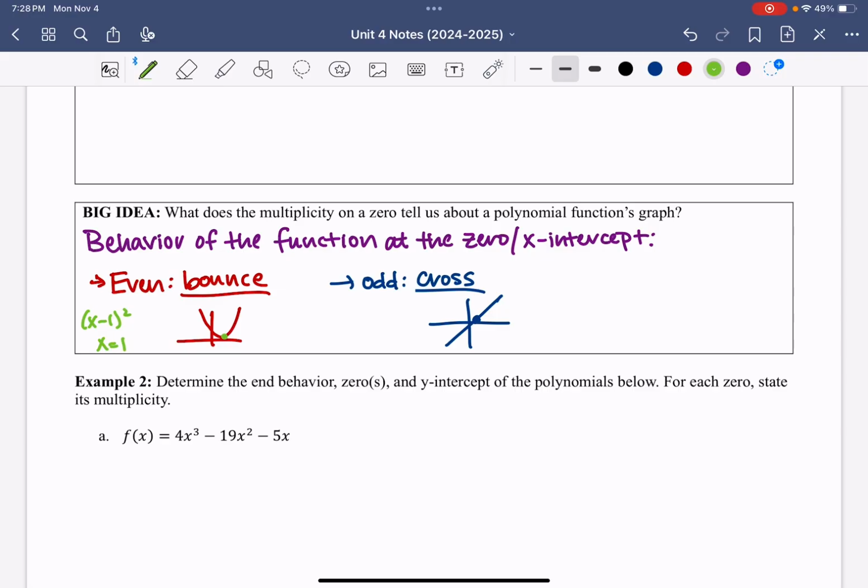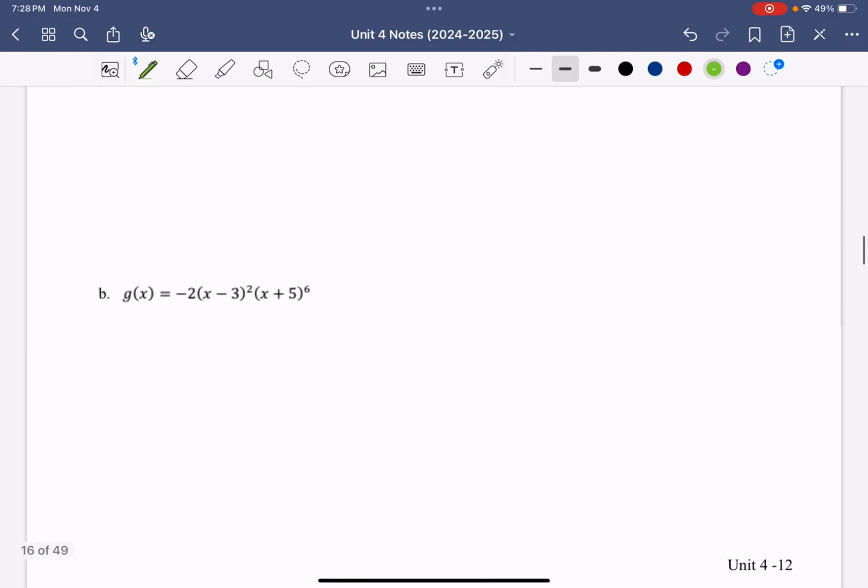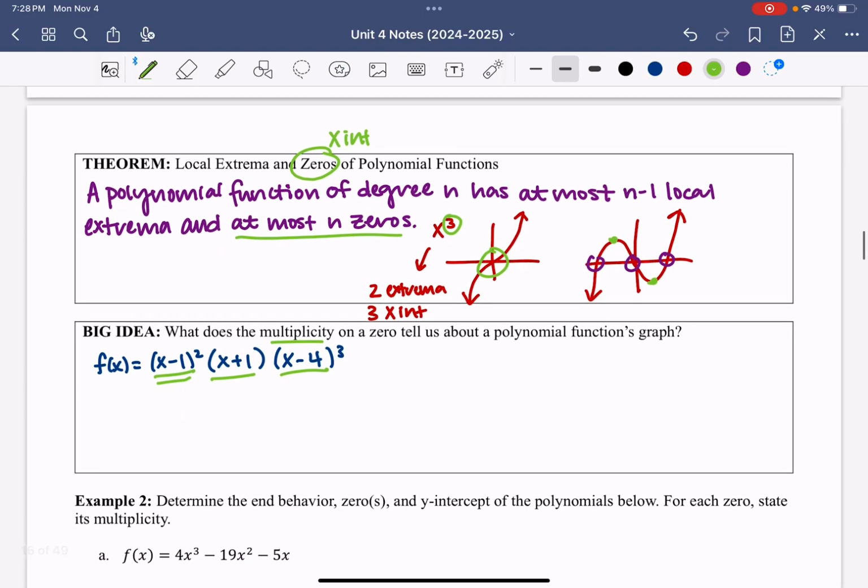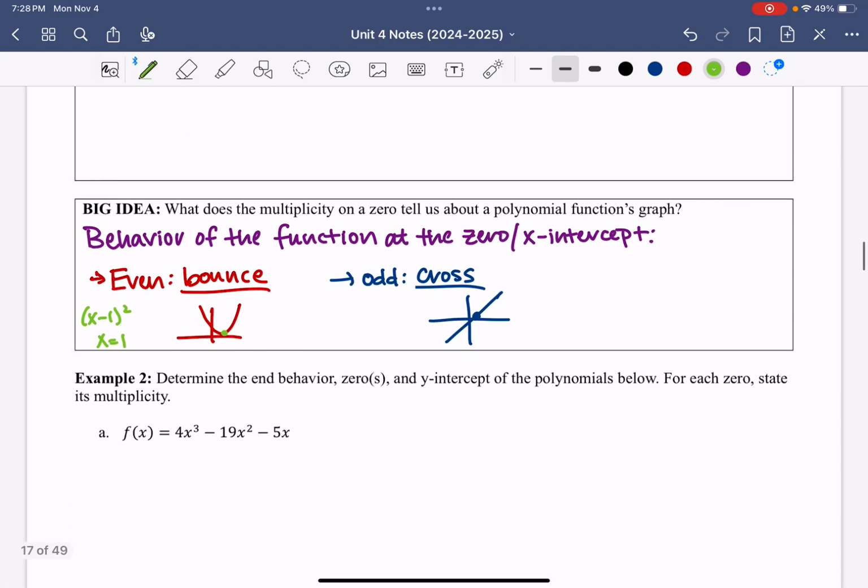I'm not going to actually cross it. I'm just going to bounce and keep going in the same direction, okay? If I have an odd multiplicity, so in my last example, let's say x minus 4 cubed, okay? What that would tell me is that at 4, we're going to cross, and then we're going to keep going onto the other side. So looking at those factors and those multiplicities, it tells us what happens at those zeros.